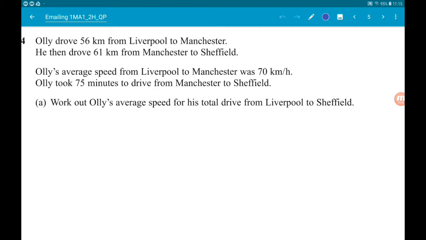Okay, so average speed overall. Well, remember, speed is distance over time, so it's the total distance divided by total time.